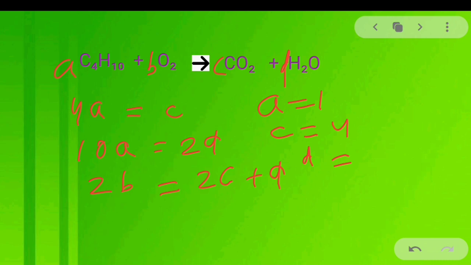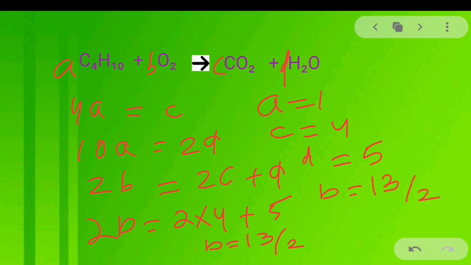D is equal to 5A, so 5. What is the value of B I will get? So 2B is equal to 2C plus D. C is equal to 4, so 2 into 4 plus 5. So 8 plus 5 is equal to 13. So B is equal to 13 by 2.